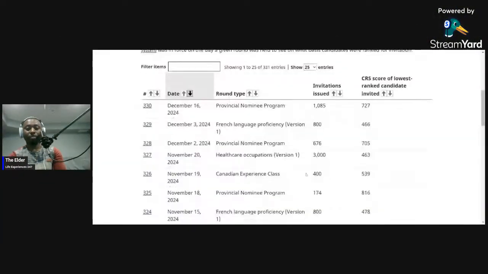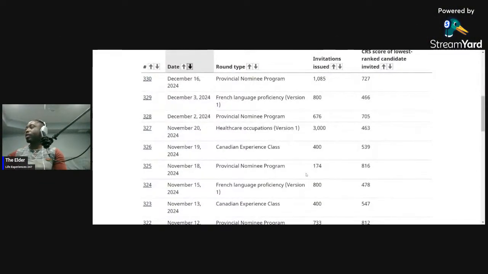I'm going to go back to the ministerial instructions for Express Entry, so that we will be able to see exactly how many times they are having their draws in each of them, and you'll be able to know which of them are quite popular now. So if we go here, ministerial instructions, I'm sharing the screen.